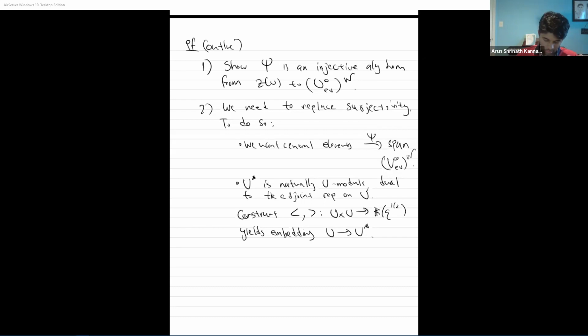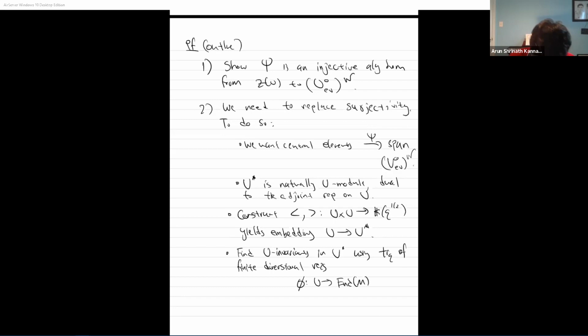What I mean by that is, say, phi from U to End of M, where M is a representation, and you can take the quantum trace of this.